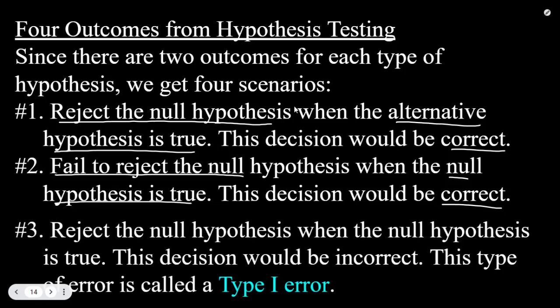The third one is not quite so good. The third one says we might choose to reject the null hypothesis when the null hypothesis is actually true. And obviously that decision would be incorrect. If the null hypothesis is true, we do not want to reject it. So this is what we call a type 1 error.